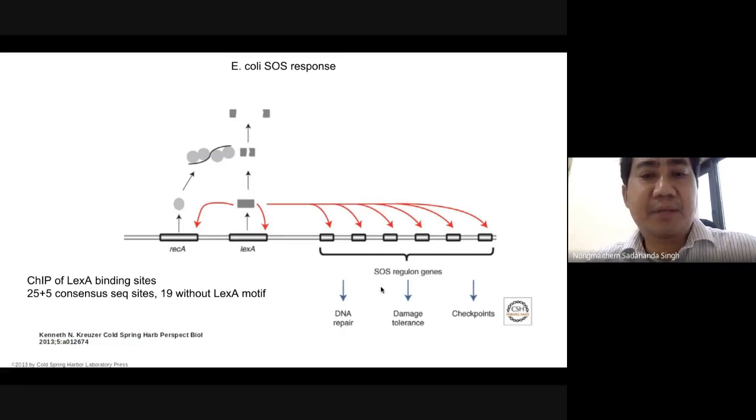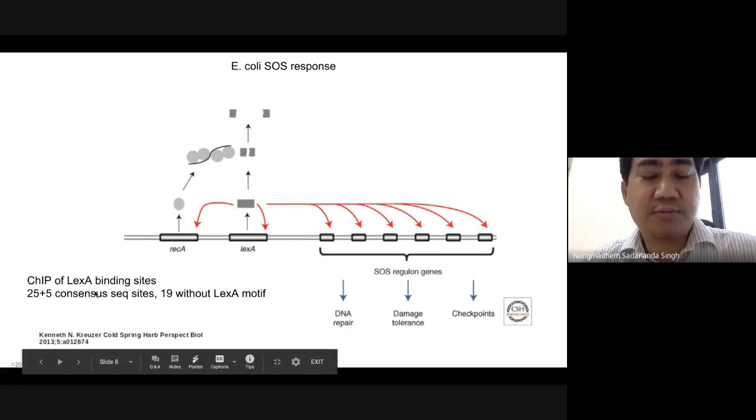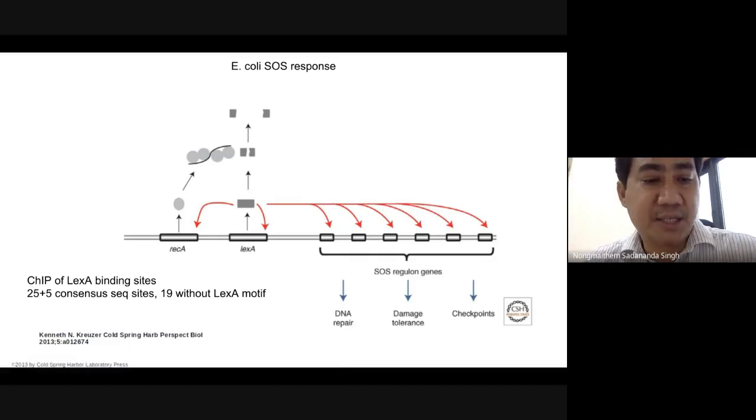Now, when people looked at chromatin immunoprecipitation experiments using LexA to see where it binds, they could figure out there are around 30 genes which have LexA binding consensus sequence sites, and another 19 sites which don't have the consensus LexA motif. So overall, around 50 genes are regulated by LexA, directly through the consensus sequence site or through unrelated sites as well.